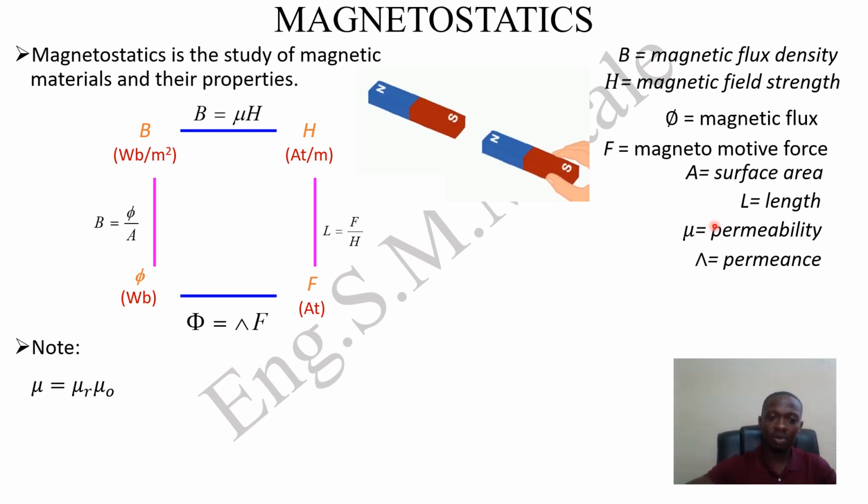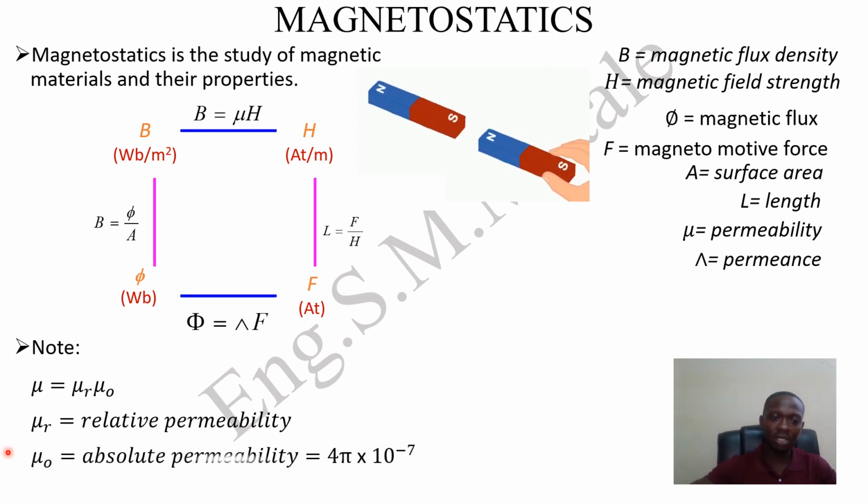This is the relative permeability, which will be changing according to different media, and this one is the absolute permeability. The absolute permeability is a constant, which is basically 4 pi times 10 to the power negative 7. They may give you this or they may not, but you need to know that's the constant for the absolute permeability.